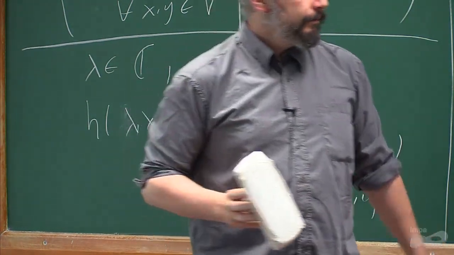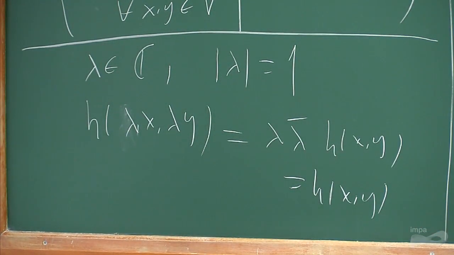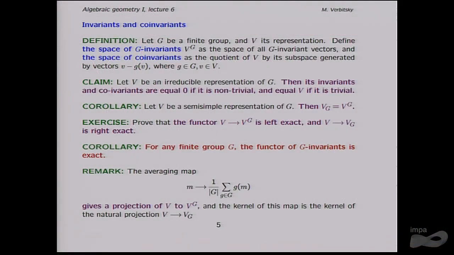So the idea is that if you work over R, the scalar product works. If you want to work over C, you have to do the Hermitian metrics.